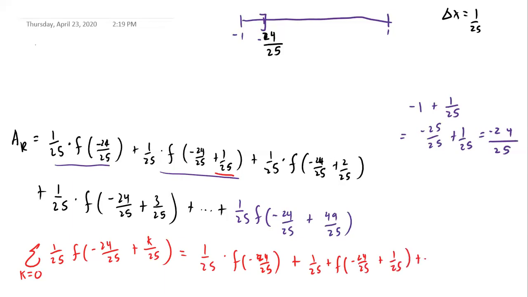We do this all the way till k equals 49. So let me write that here as a top index. You always want to have a starting index and an ending index. So for the ending index, we go all the way to k equals 49, which is 49 over 25. There you go.